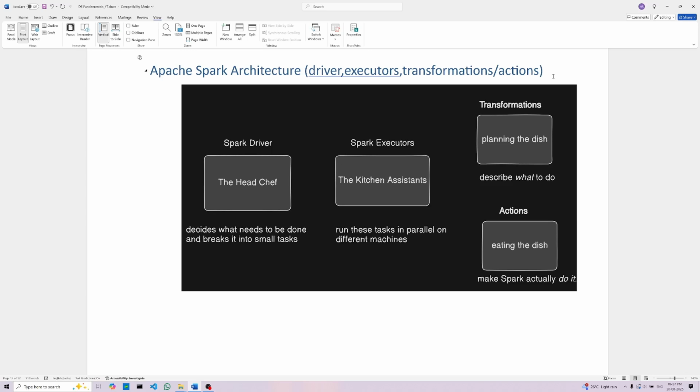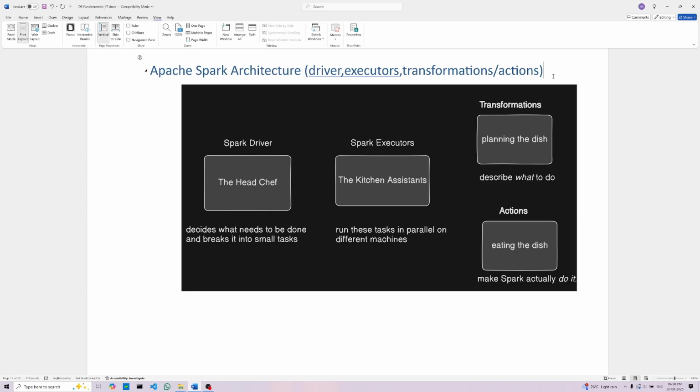At a higher level he will plan what needs to be done and break it into smaller steps. Then there will be kitchen assistants. They will run these tasks in parallel on different machines. The head chef decides what needs to be done, kitchen assistants run these tasks in parallel.